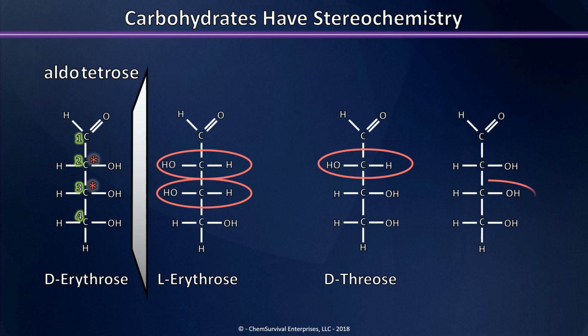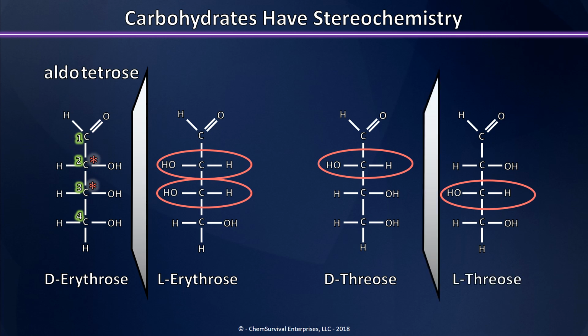And finally, we could invert just the carbon number 3. If we invert only that chiral center, switching the hydroxyl and hydrogens, we get a new compound that's a mirror image of D-threose. So we call this L-threose. It's another enantiomer because it's a non-superimposable mirror image.